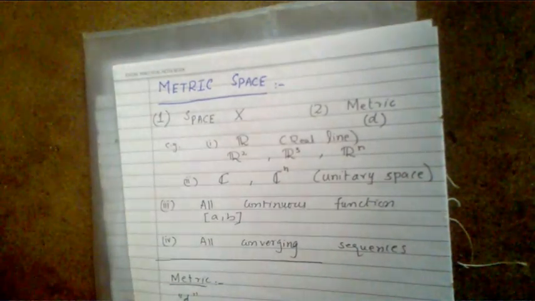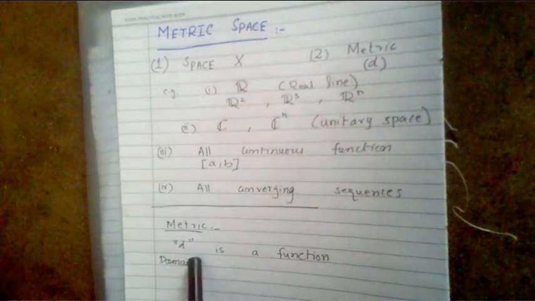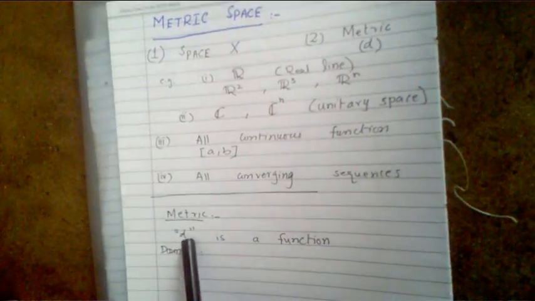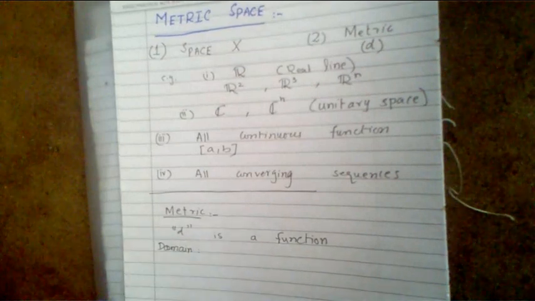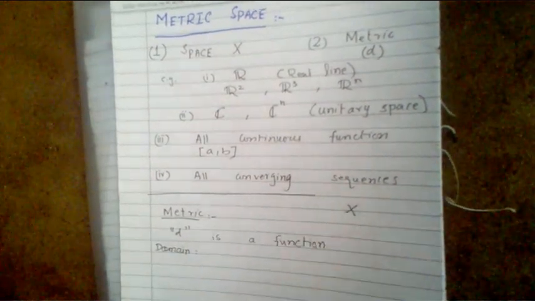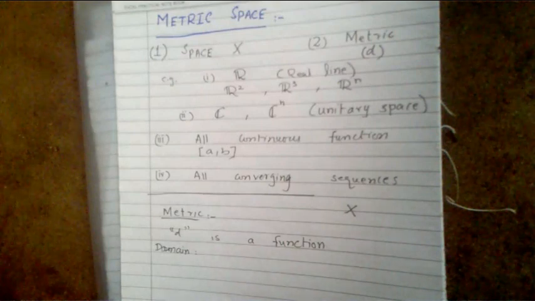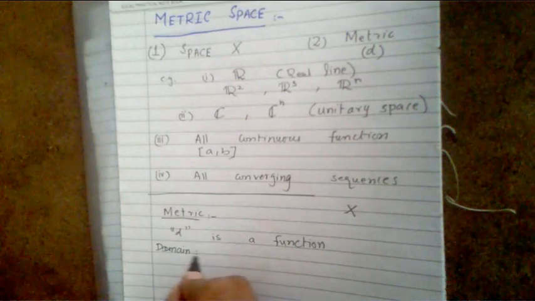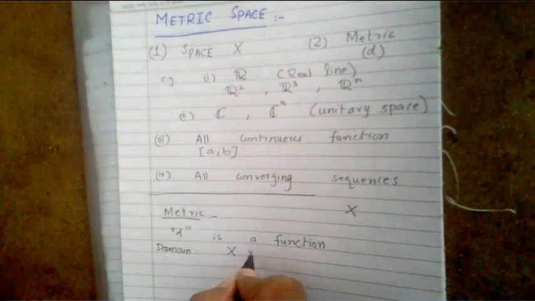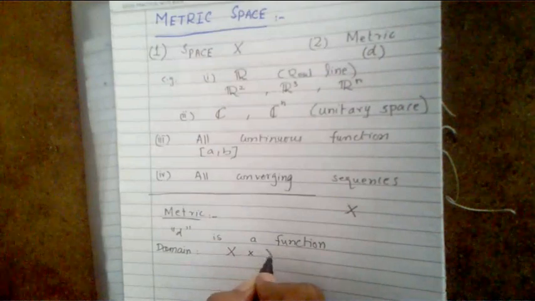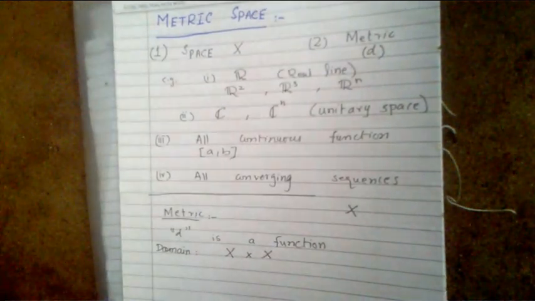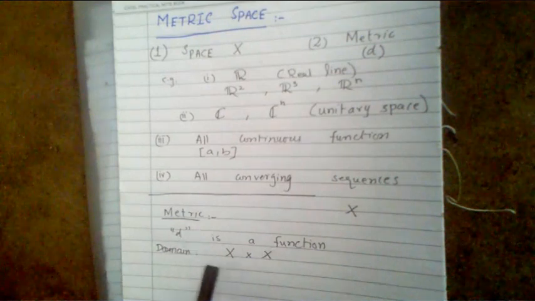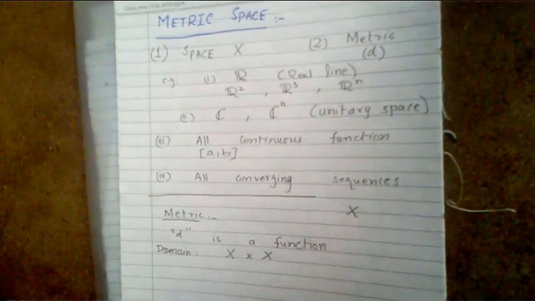The function d is applied on the points of the space X, not on a single point. It is applied on the ordered pairs of this space. This means that the domain is the Cartesian product of the space X with itself.